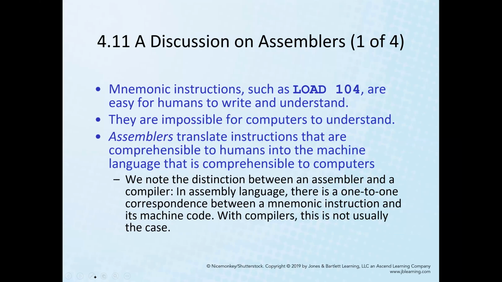If you remember that hierarchy, that pyramid that I showed you at the beginning of the semester, like the first 2 weeks, it had different levels. The highest level was user language, and the lowest level was gates and electrical circuits.